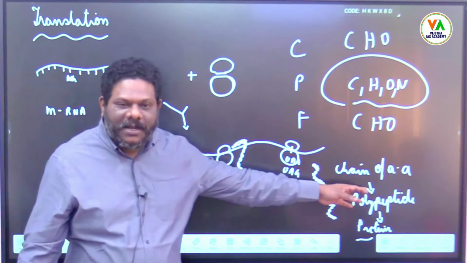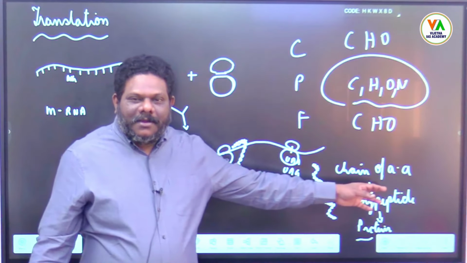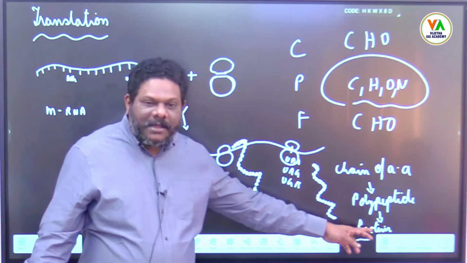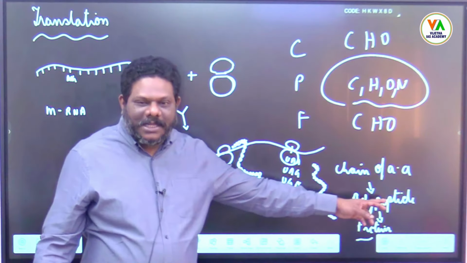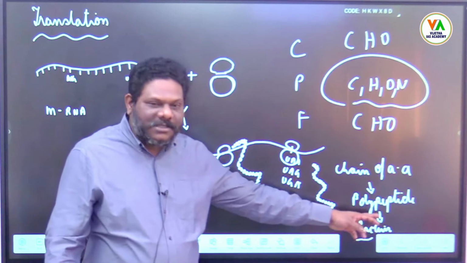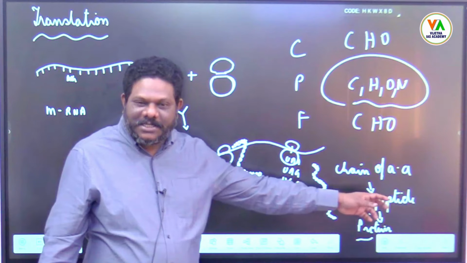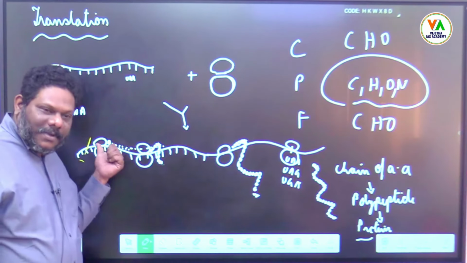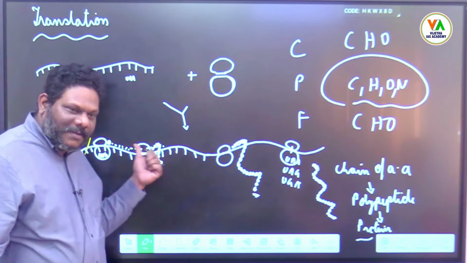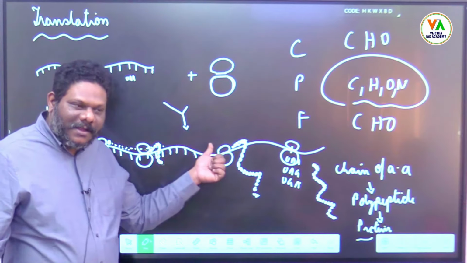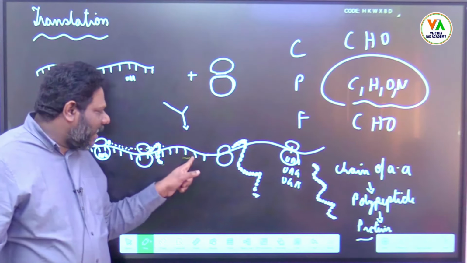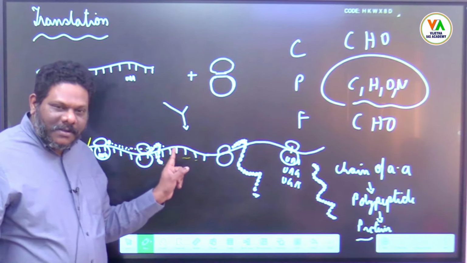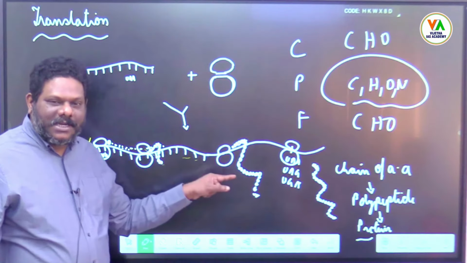I skipped that one. You get my point? And you get the protein. Here also so many things are there because the protein itself has to fold. It has a quaternary structure. But anyway, here it is moving. Ribosomes are moving on messenger RNA. Each line here is a codon. So when it reaches, it will translate.